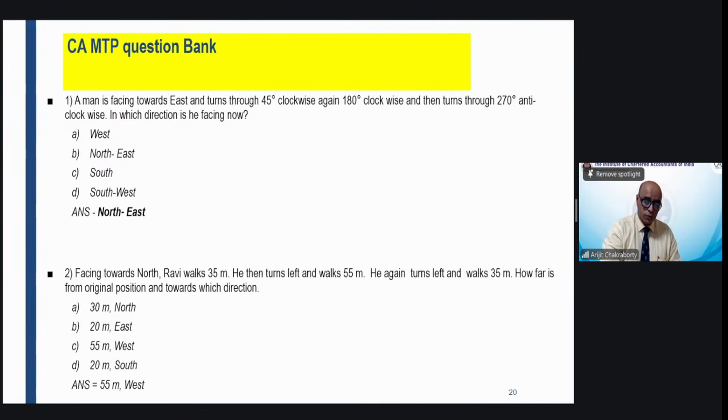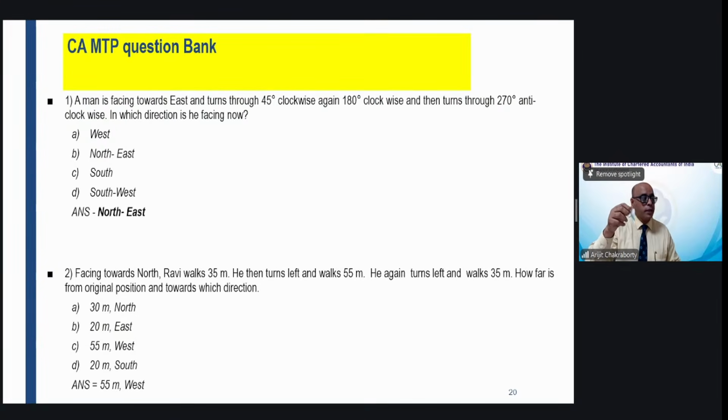You are walking towards the north 35 meters and then turn left. Now you are moving towards the western side, walking 55 meters. He then turns left. Left means now he is moving towards south and walks 35 meters. So this is 35. That means it is like a rectangle.